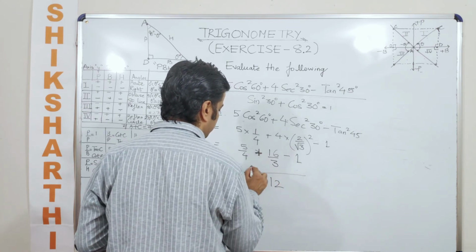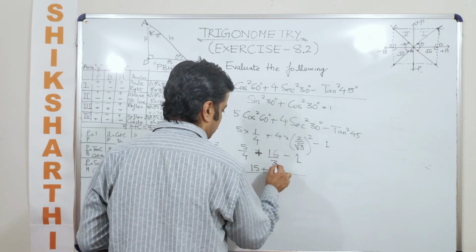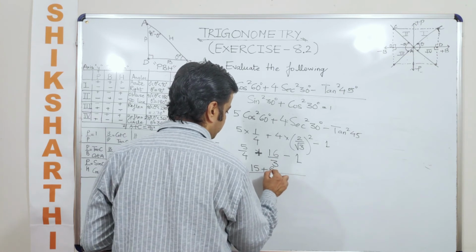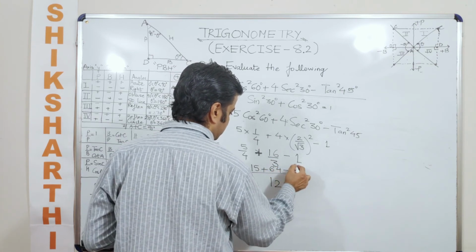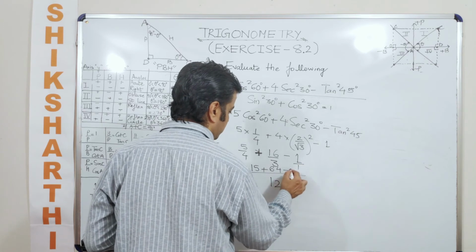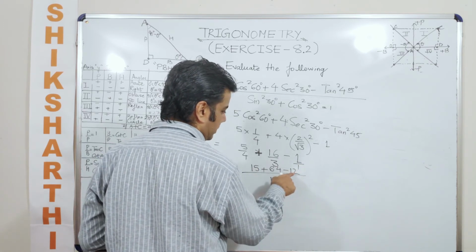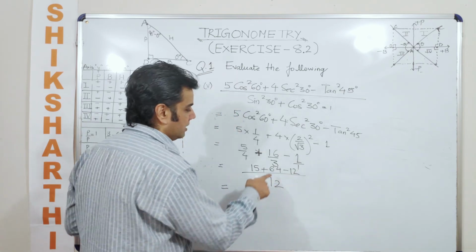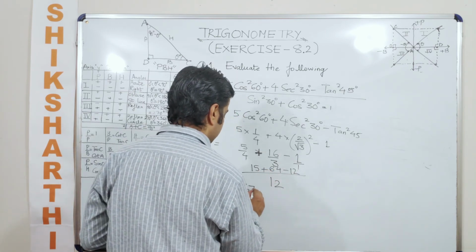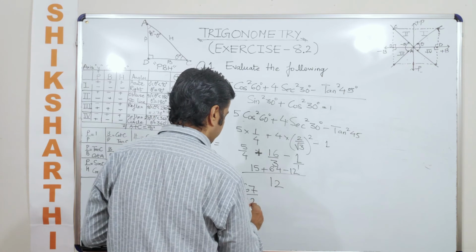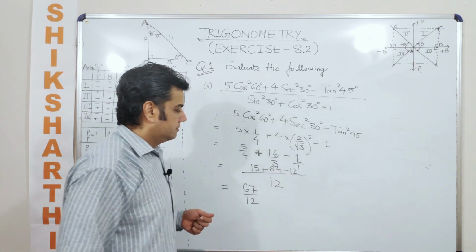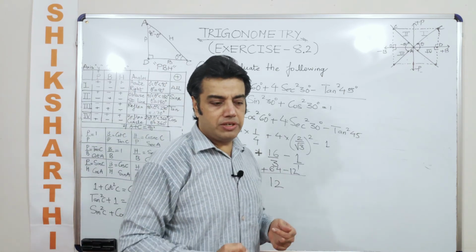So 4 into 3, 3 into 5 is 15, 3 into 4, 4 into 16 is 64, minus, now this is 1 into 12, so 12. So can I say this answer is nothing but 15 minus 12 is how much? 3. 3 plus 64 is 67 divided by 12. So can we say that the answer is 67 by 12?